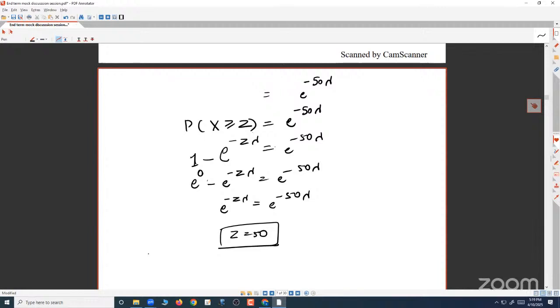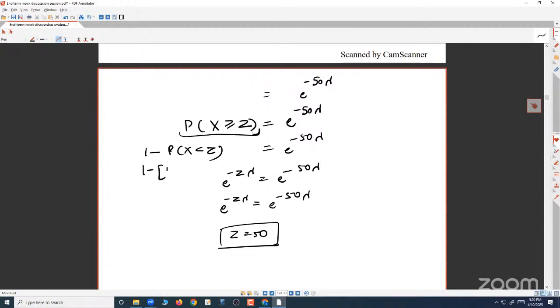Madam, the minus is there, no, in front of e? The thing is, let me write this. It is 1 minus the probability that x is less than z, right?